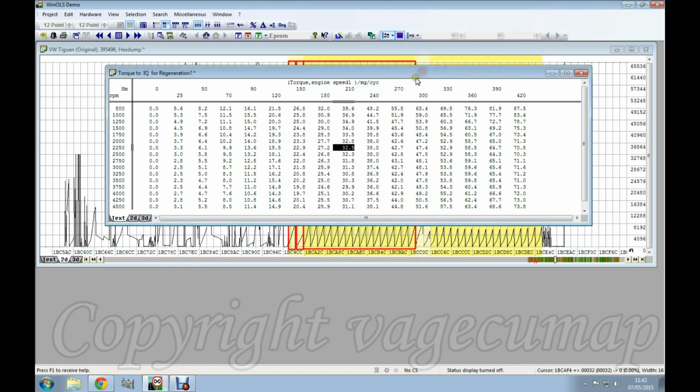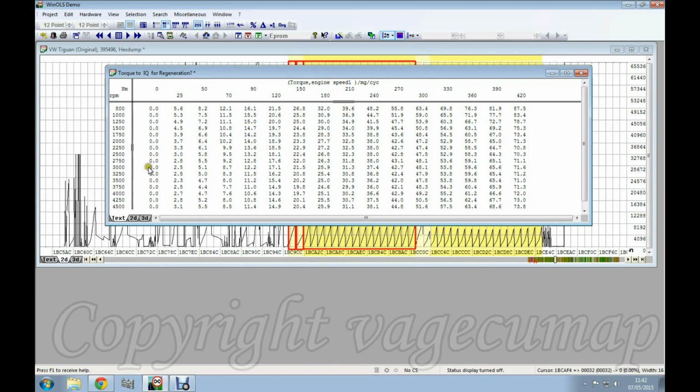So what this does is basically translates what's going on in the driver's wish map, because if the driver's wish map says for this particular amount of pressure, let's say 80% pressure on the pedal, you will get, let's say, 300 Newton meters of torque, then now for a given speed and 300 Newton meters of torque, we can see how much fuel we would need.